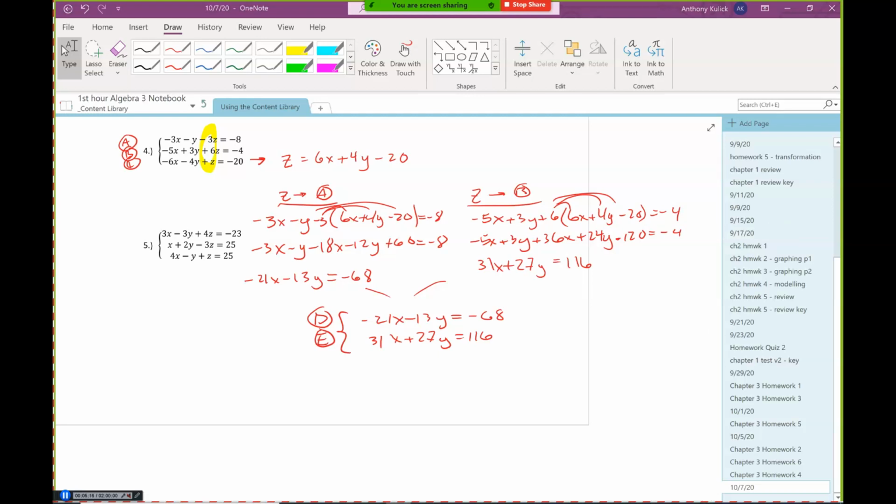So to get the y by itself, we subtracted the 31x over and then divided by 27. Oops, that's supposed to be an x though.